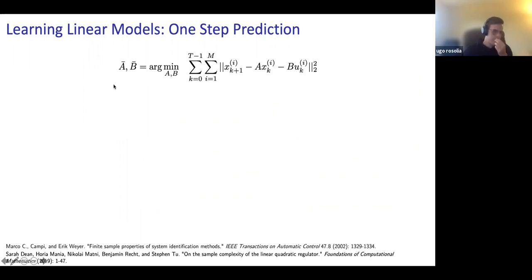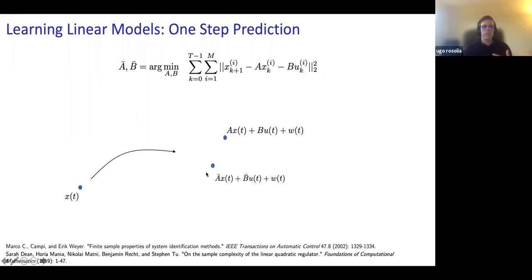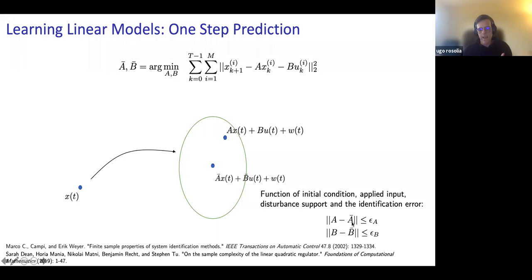And so now what's going to happen is that as we use the approximated system dynamics in control synthesis, there is a discrepancy between the predicted trajectory and the true trajectory of the system. And this difference is going to depend on the error, so on basically how good is our estimate, the initial condition, and also our disturbance.